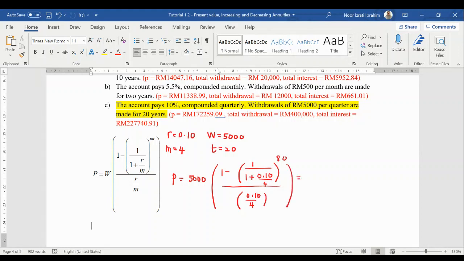By using this formula, you will have the present value as principal amount of 172,259 ringgit 9 cents. To find the present value, always use the formula.